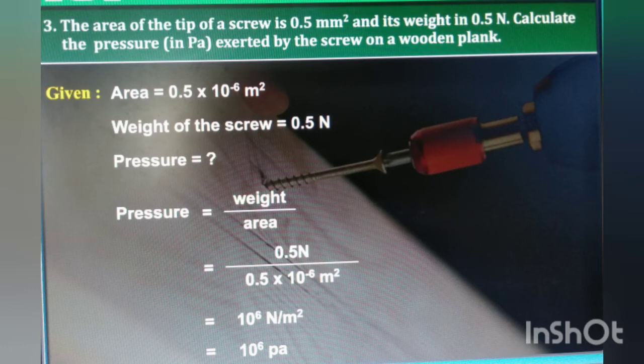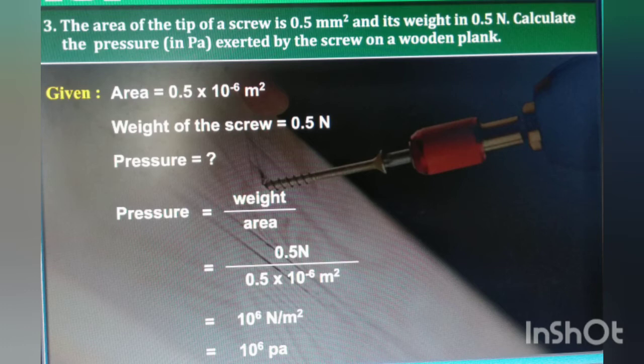The 0.5 value will be cancelled, so it is equal to 10 raised to 6 Newton per meter square, that is 10 raised to 6 Pascal. So the pressure exerted by the screw on a wooden plank is 10 raised to 6 Pascal.